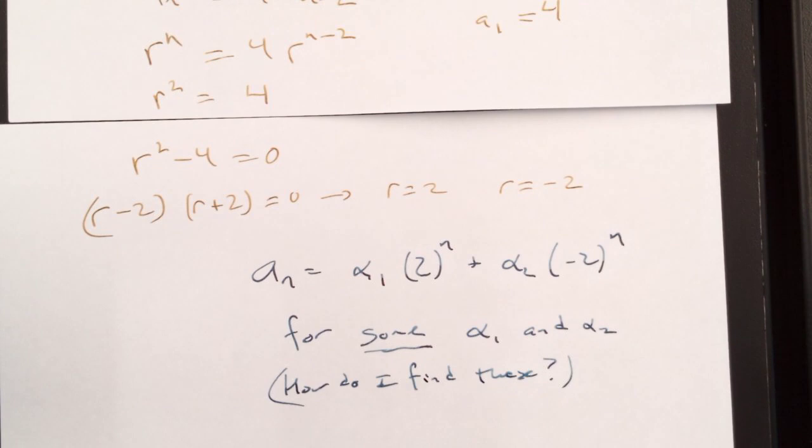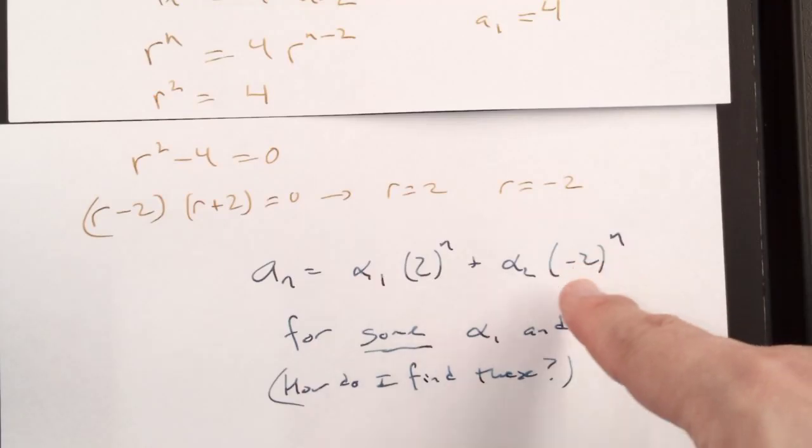What's the one piece of information you were given in this problem that I have yet to touch? My starting values.